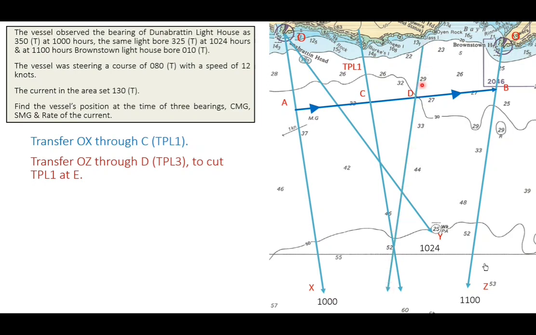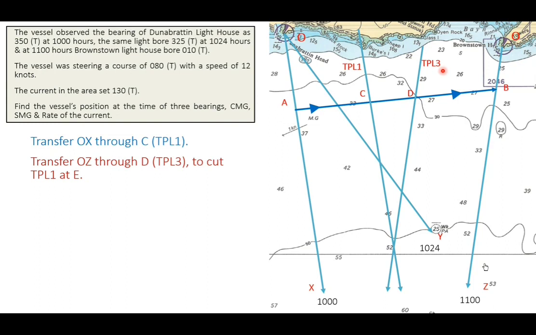This line which is there on the chart now is parallel to my final PL, that is OZ, and it passes through point Delta. Let's name this line as TPL3. So this is again a reference name given to this particular line for easy identification.